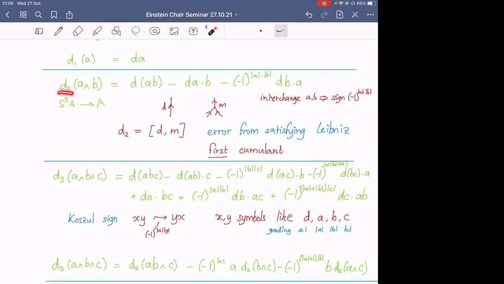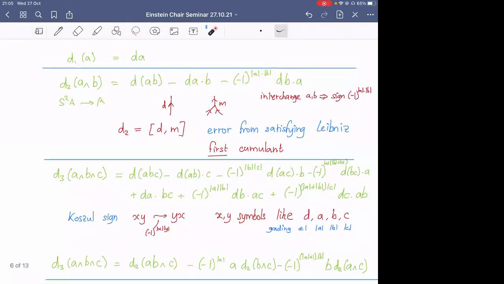So D2 came from D1 by taking a bracket with M. So now you can think of similarly D3 as coming from D2, again by taking a bracket with N. If we fix the last term, the C, so if we ignore the C, think of it as some fixed object, then we have D3 of a pair is given by D2 of the product minus, this is just a causal sign, times A times D2 of 1 and minus B times D2 of the other. So it's exactly the same format as we had over here.